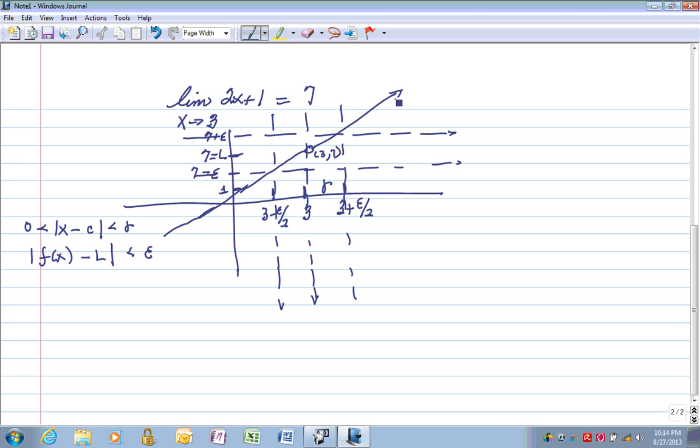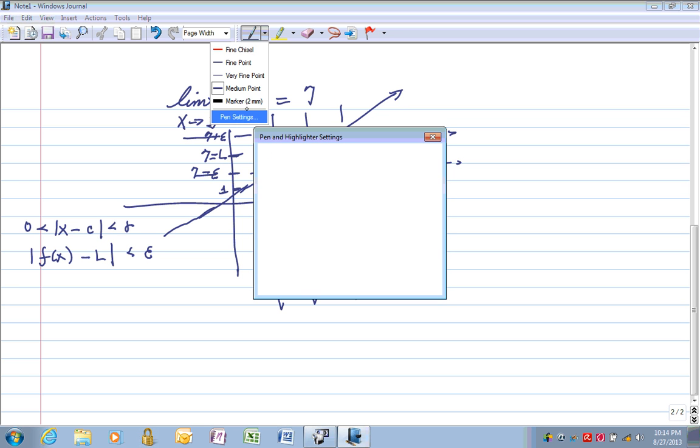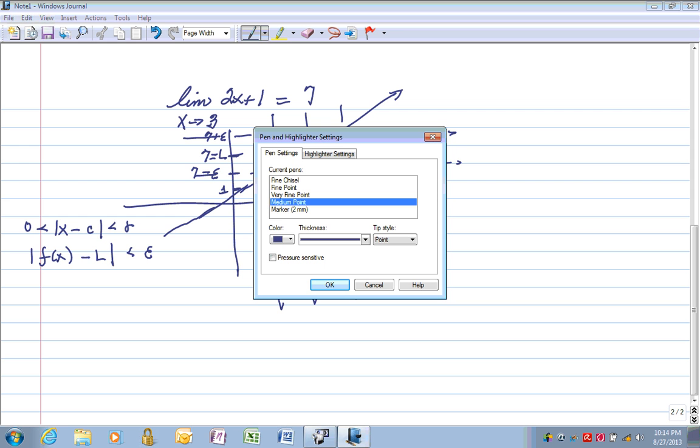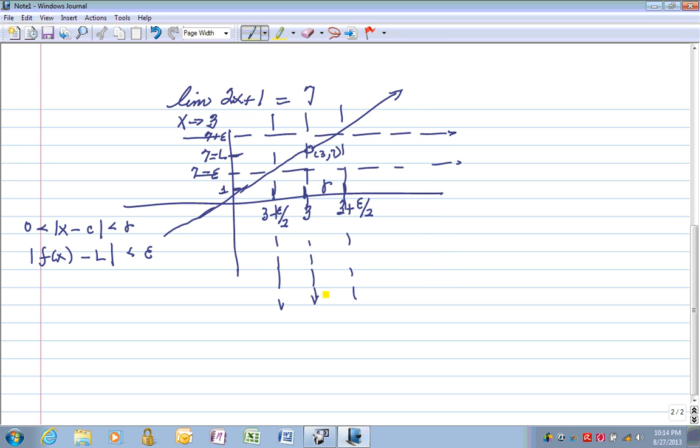If we color this, and back to the pen settings, that would mean that we had a region between 3 minus epsilon over 2, because that's what delta is, epsilon over 2.